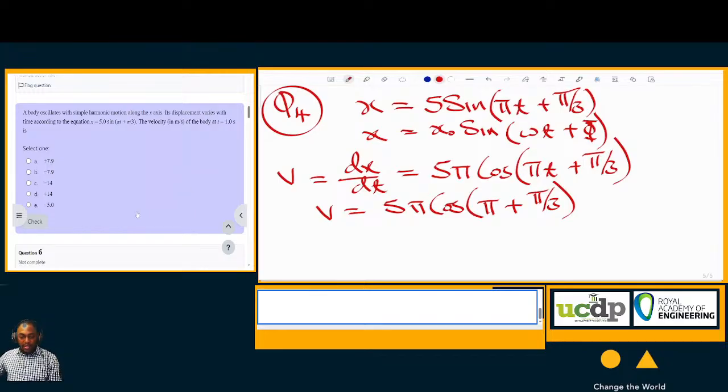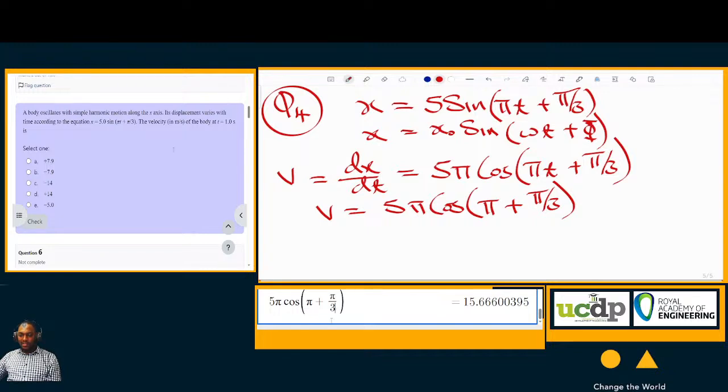The most important thing here is to make sure that when you punch it in, your calculator is in radians. 5 pi cos of pi plus pi over 3. We get 15 point... Oh, why do we have none of the above? t equals 1 second.